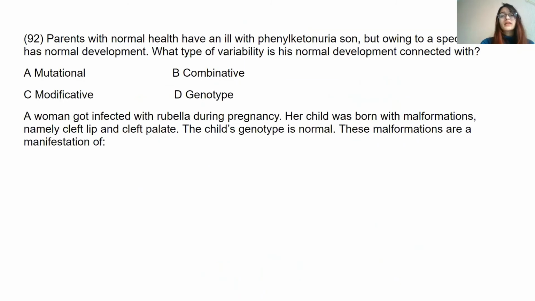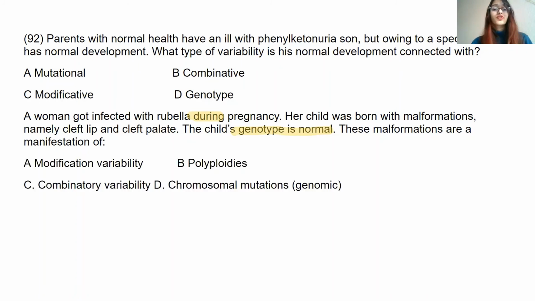A similar next question: a woman got infected with rubella during the pregnancy. Her child was born with malformations, namely cleft lip and cleft palate. His genotype is normal. In this question, I've already mentioned that the genotype is normal. So these malformations are a manifestation of what?